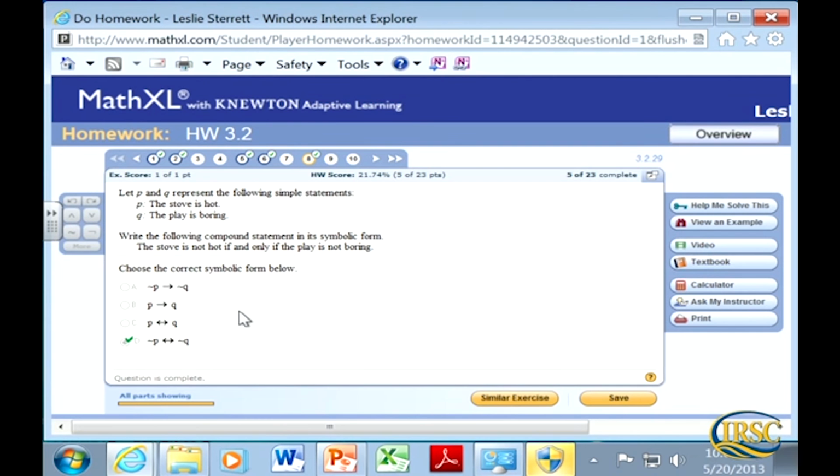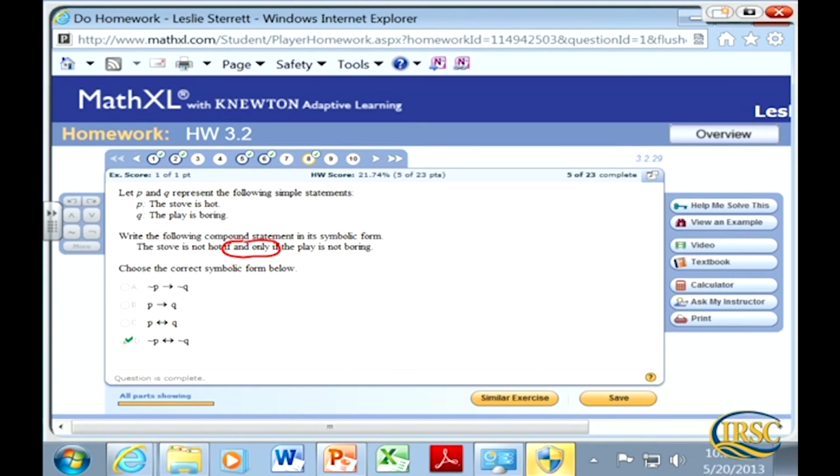Excellent. So this one was a little more straightforward because you actually saw the common if and only if. So if and only if means double arrow. The order is not important on this one, but the fact that you had not on both sides means you had to make sure that you had a negation on both of your letters for your simple statements.